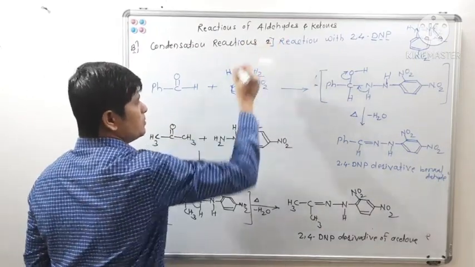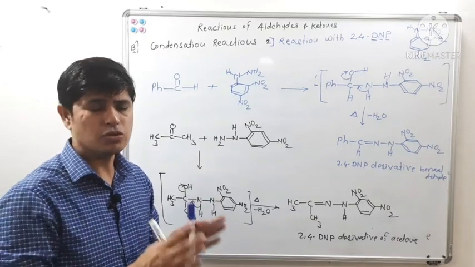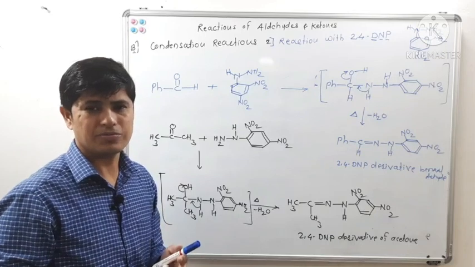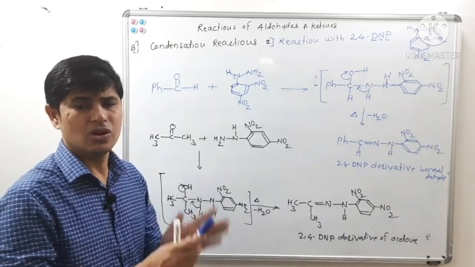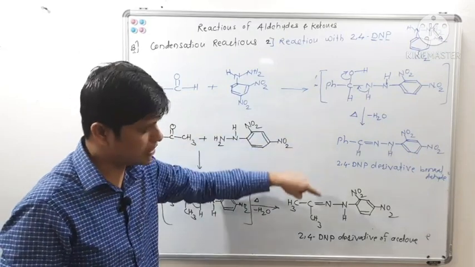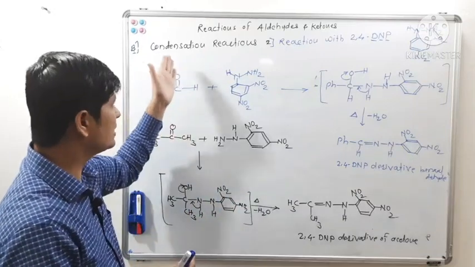What is 2,4-DNP? 2,4-dinitrophenylhydrazine. Both these reagents, phenylhydrazine and 2,4-dinitrophenylhydrazine, undergo a condensation reaction with aldehyde or ketone to give this type of product, isn't it? So this is the condensation reaction.